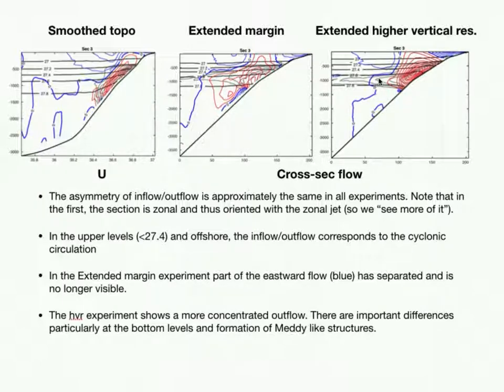So increasing the vertical resolution close to the bottom indeed makes a significant difference. It looks like we have more concentrated flow, and we even have higher recirculation. So that is something we have to keep in mind.